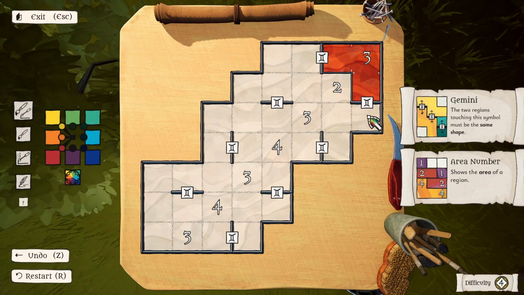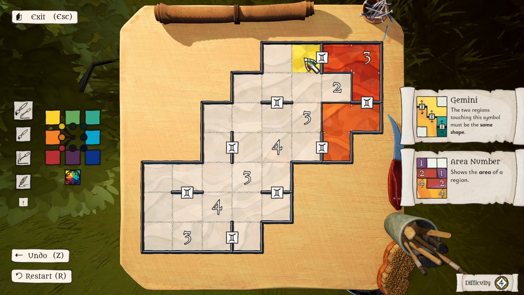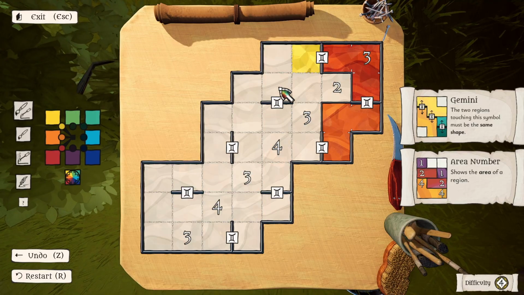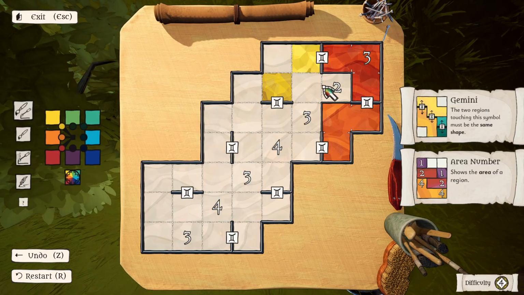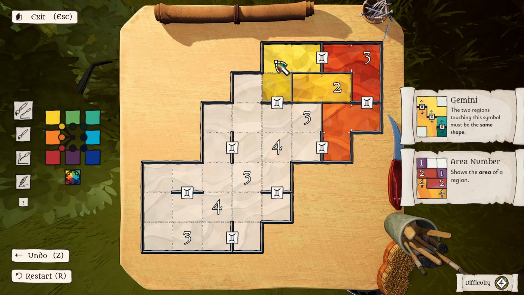Now that means I need an L here, which has to do that, and here, which I know is going to take that, but I don't know. Well, this is going to do that, so this has to do that.